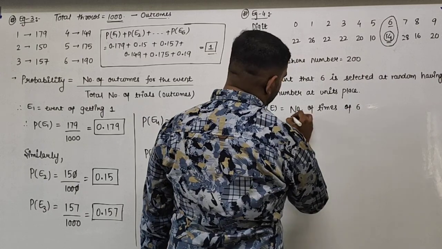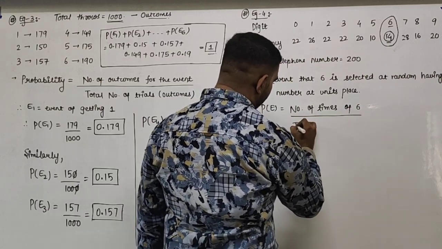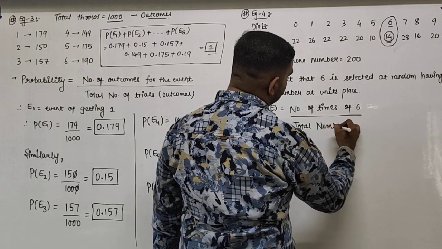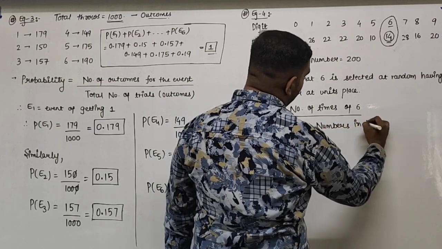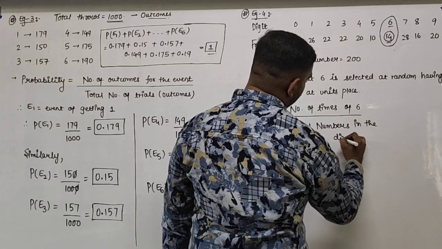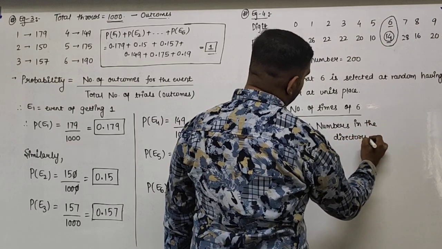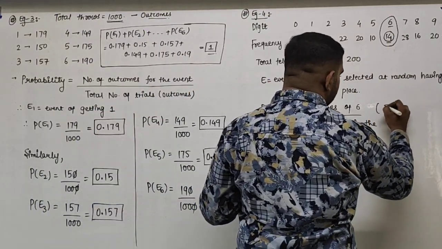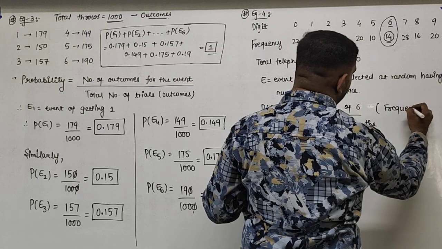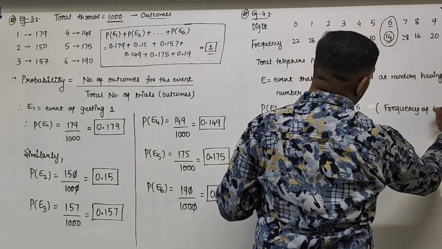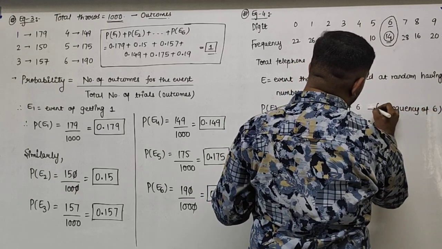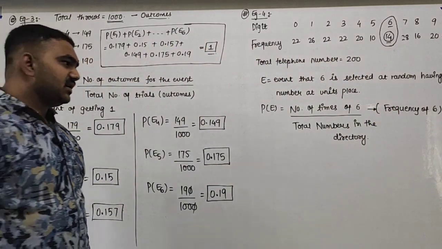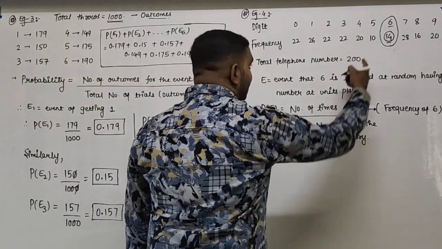Right? So the probability of E is the number of times of 6 divided by the total numbers in the directory. Number of times of 6 you can also write in other words as the frequency of 6, which is also written in your book. So the frequency of 6 is 40.